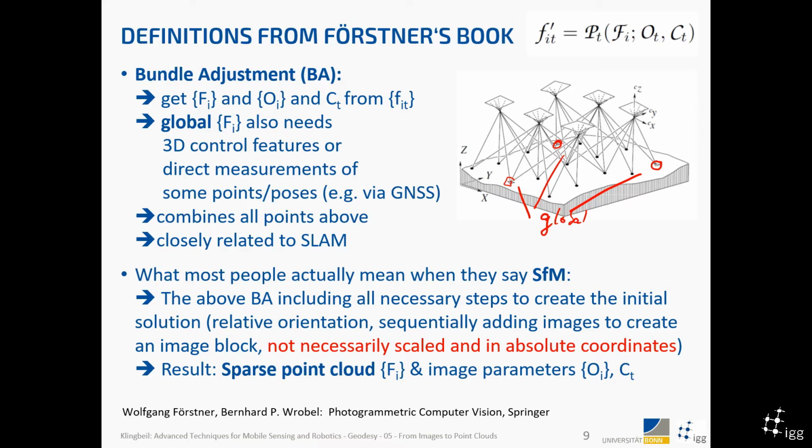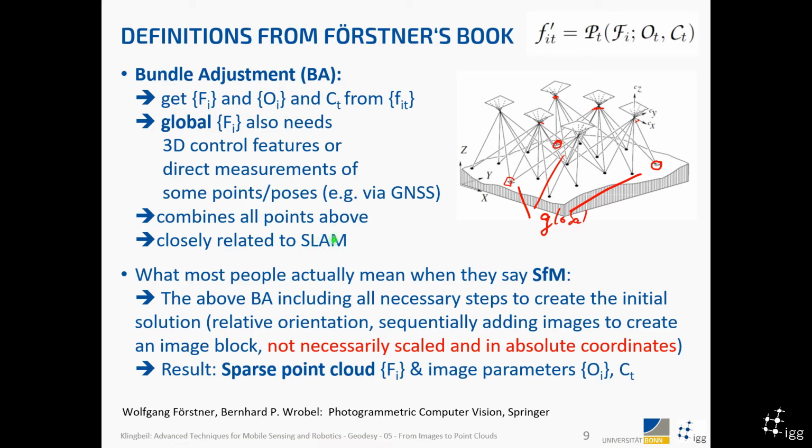The other way around would be to know positions of the cameras here in a global coordinate system, and this is a different way of georeferencing. We will talk about that later as well.